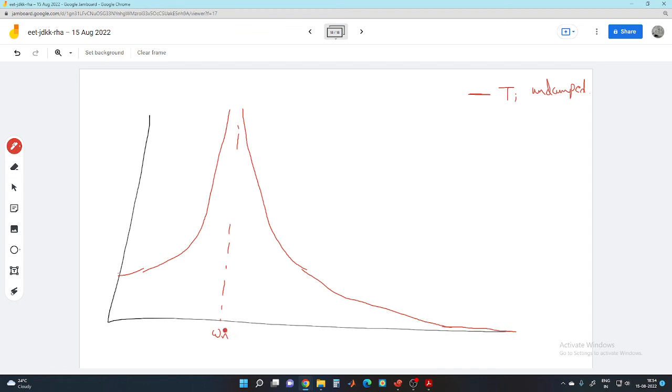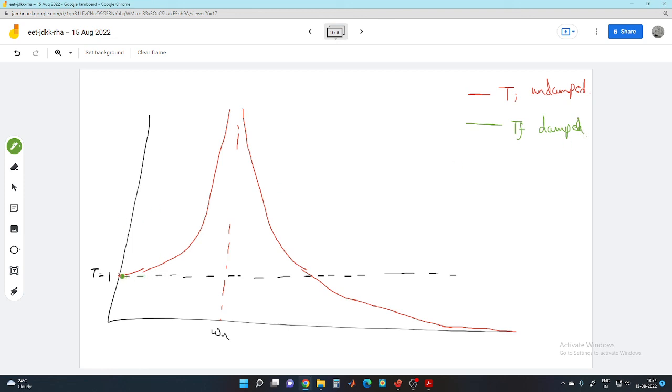This is omega n, this is T equal to 1. But if we add damping, this shows TF or the damped case.